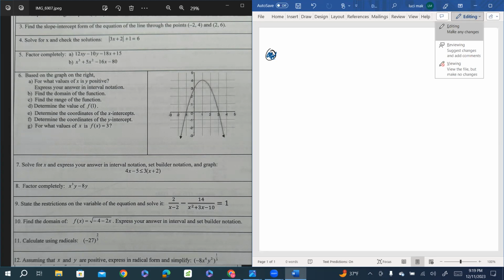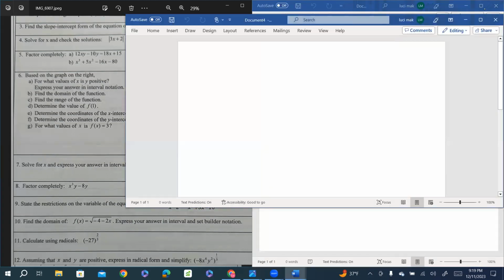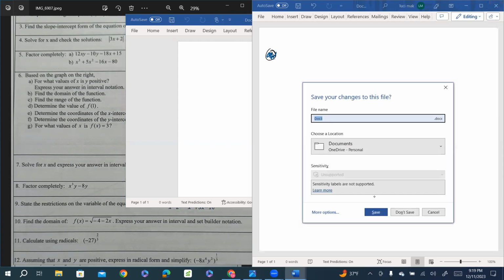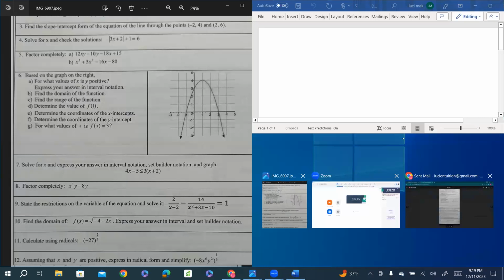I see what they're doing. Actually, I'm using the Word one, and I'm using the Zoom one, so it's a little confusing. That's why they are confused; they don't know what I'm using.